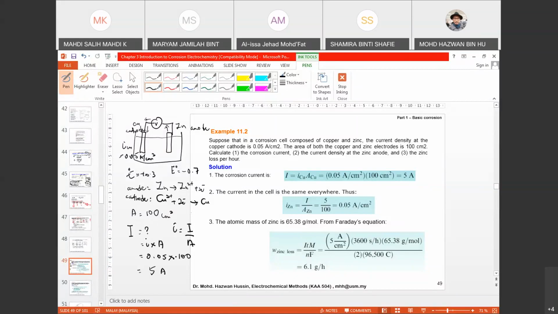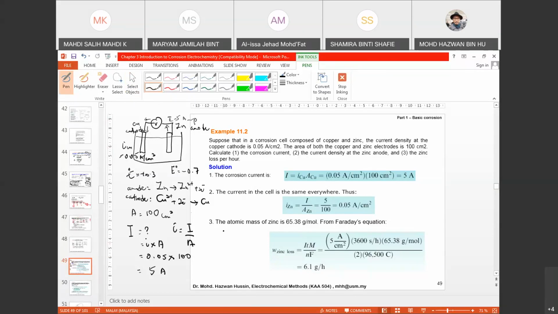Okay, quite straightforward. I guess it's already shown in the solution. Number 2, the current density at the zinc anode. Over here, the information given is just the current density of the cathode, 0.05. So the total current that is used in the system is equal to 5 amperes. Then what will be the current density at zinc?